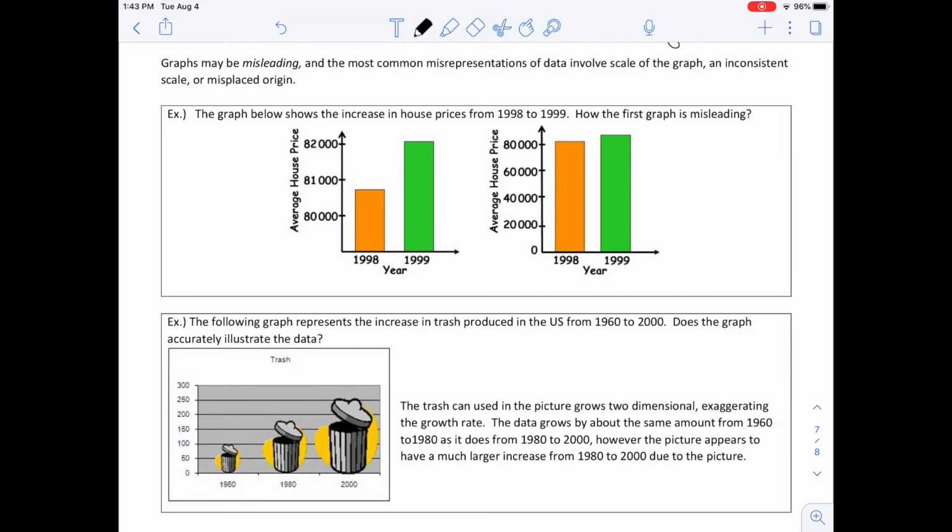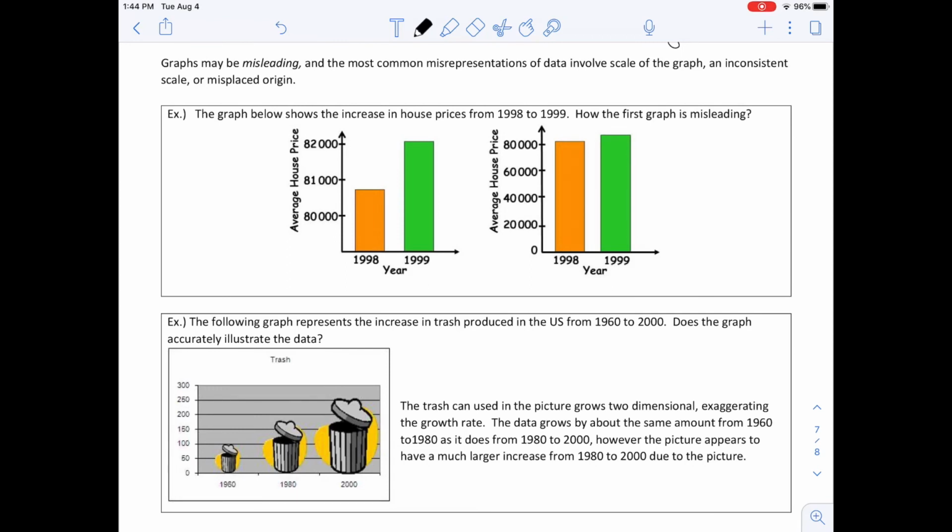So the first example we have is the graph below shows how the increase in home prices from 1998 to 1999. How is the first graph misleading? So if you look at the first graph, you'll notice that it looks like there's quite a big jump between 1998 and 1999 in that 1 year. However, if you look at the values, it's just going from slightly under 81,000 to just slightly above 82,000.